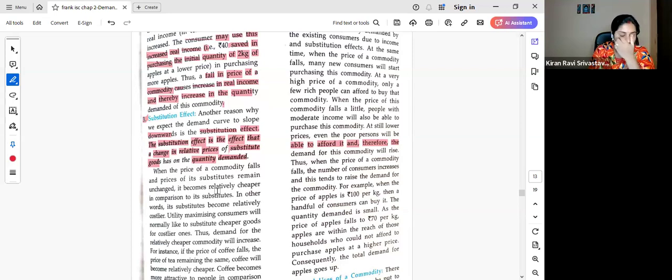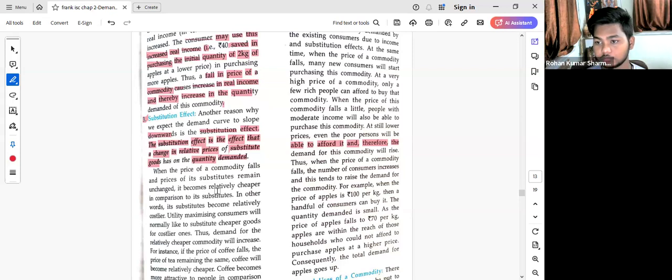Here the law of demand is operating because of the change in the price of the commodity. When the price of the commodity changes, that change is causing a downward sloping of the demand curve because the other factors are assumed to be constant. Are you clear? Yes, ma'am.